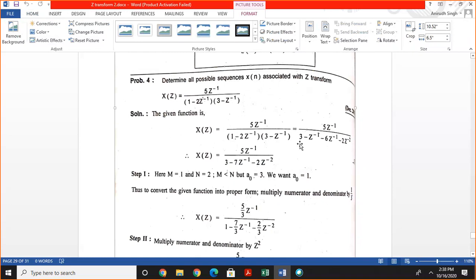In this case the value of p1 is half, so we get 4 times half raised to the power n u(n). Similarly, minus 4, the value of p2 is minus 1/4, so minus 4 times (minus 1/4) raised to the power n u(n), and we get the final expression.